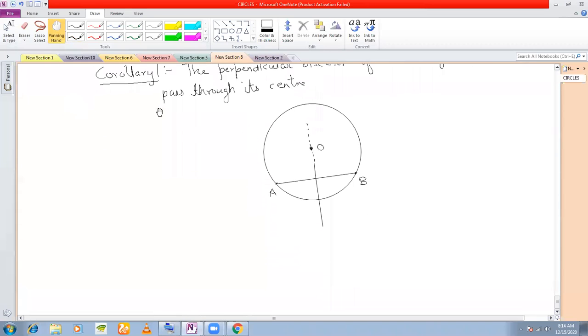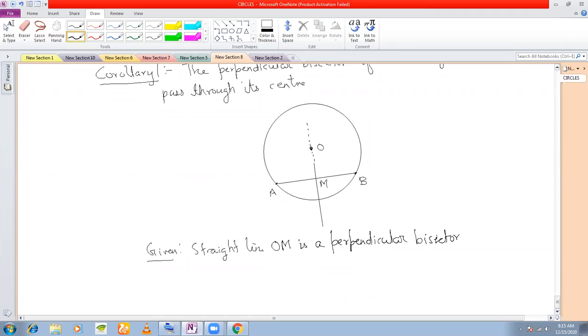Okay, so given here, straight line OM is a perpendicular bisector of the chord AB. That is what is given to you.